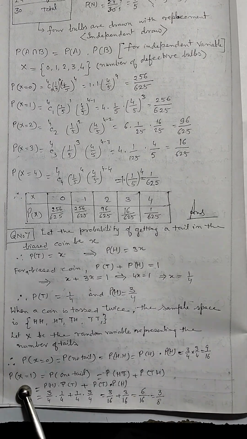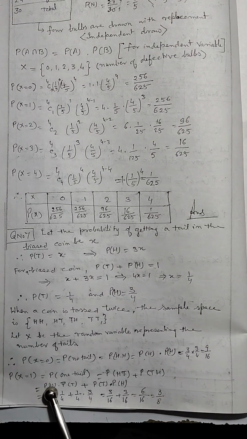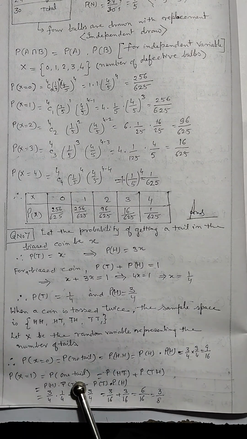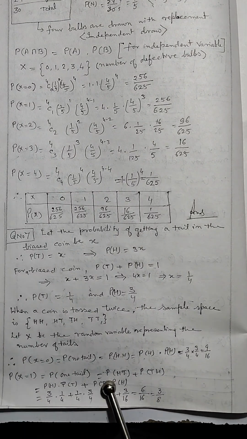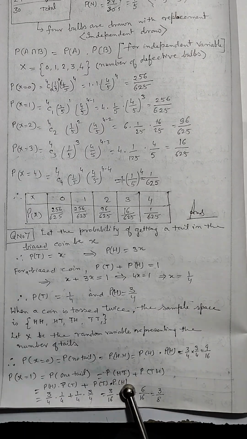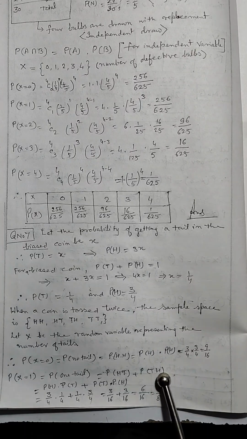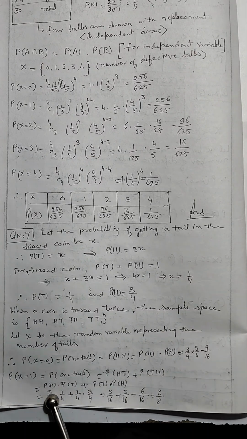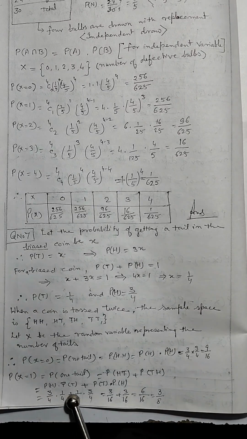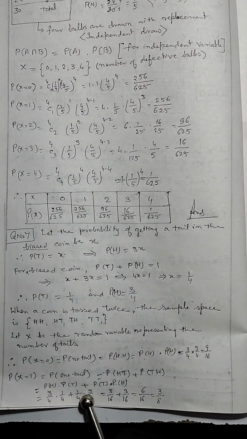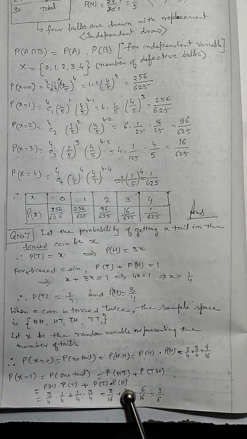And probability of x is equal to 1. This indicates the probability of one tail, so the probability of head tail plus probability of tail head. So probability of head into probability of tail plus probability of tail into probability of head.